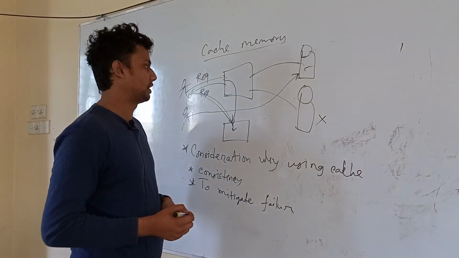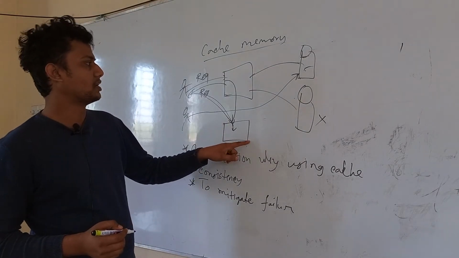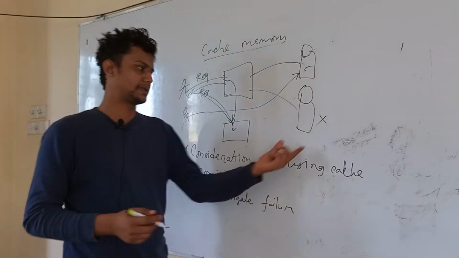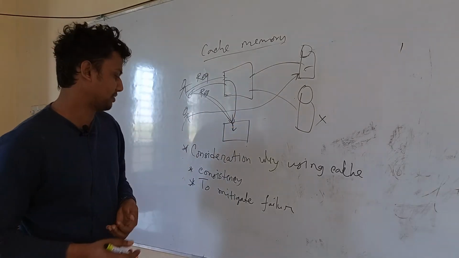How could we get our data in that case? If we have some cache memory here, instantly we can have our data, and then when our database is alive, we can again fetch data from the database and set it into the cache memory.